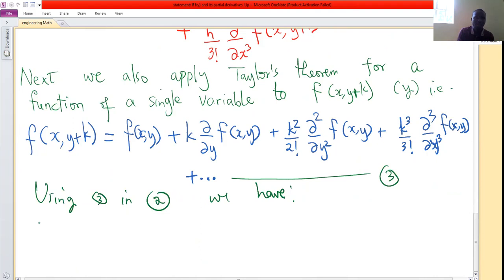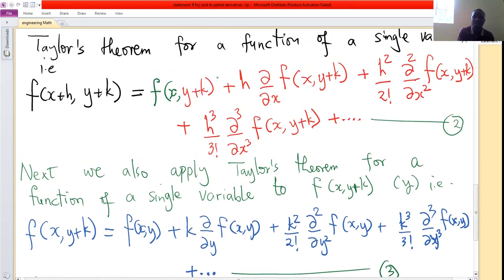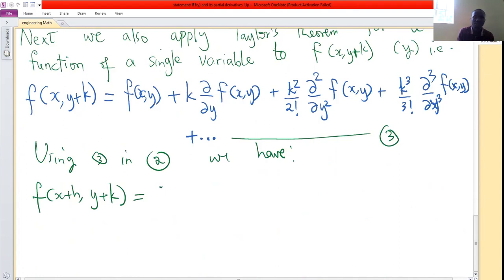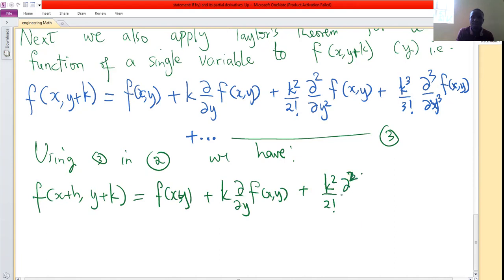So f of x plus h comma y plus k will be given by the series in 3: f of x comma y, plus k partial y f of x comma y, plus k squared over 2 factorial partial squared partial y squared f, plus k power 3 over 3 factorial partial cubed partial y cubed f at x comma y, plus other terms.